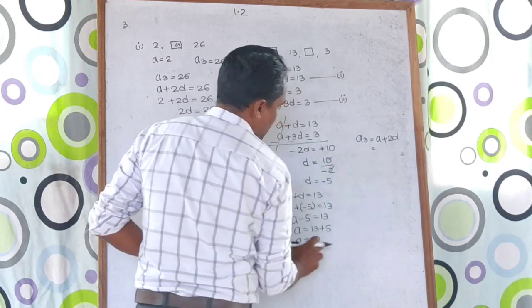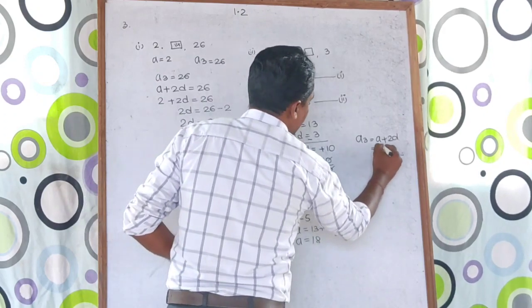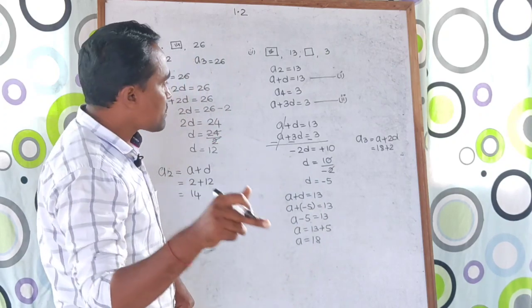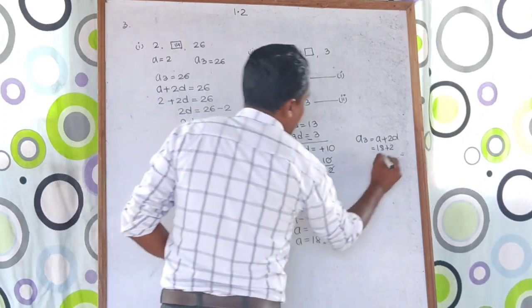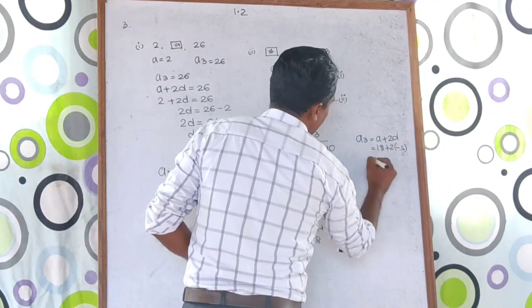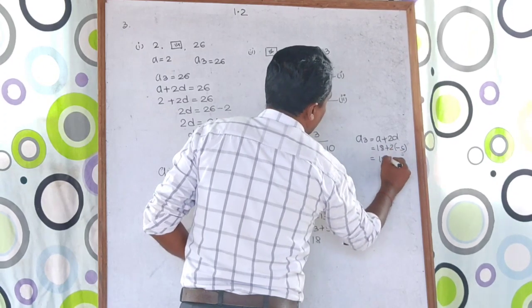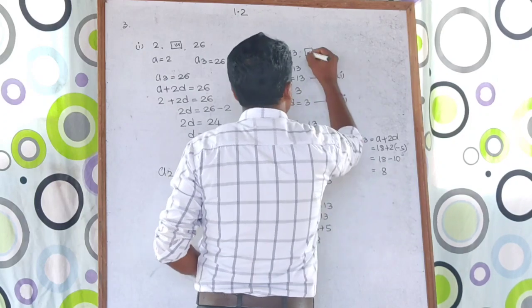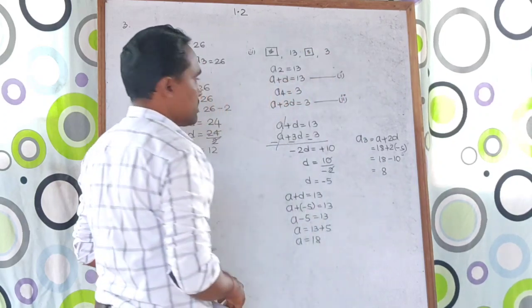A equal to 18, just as we got here, plus 2D, which means 2 into D. Substituting D equal to minus 5, 18 plus 2 into minus 5, 2 fives are 10. 18 minus 10 equal to 8. So in this box you will get 8.